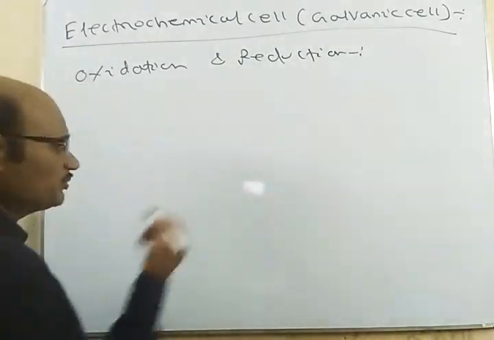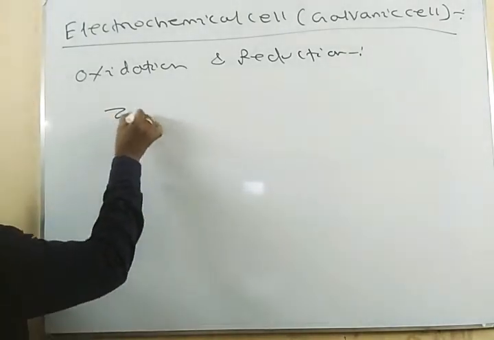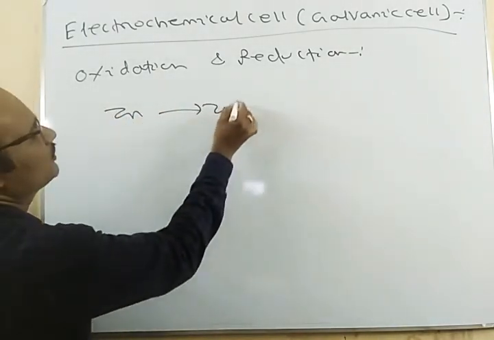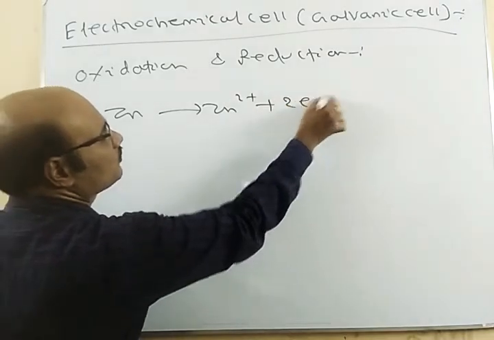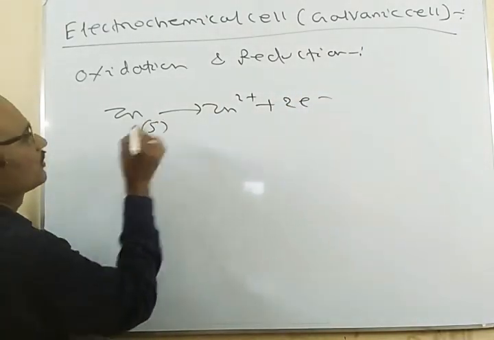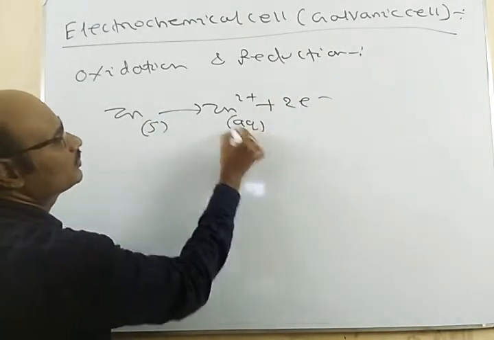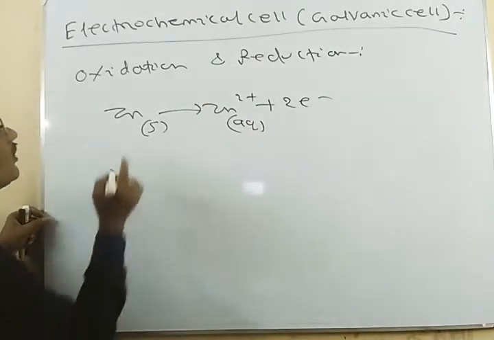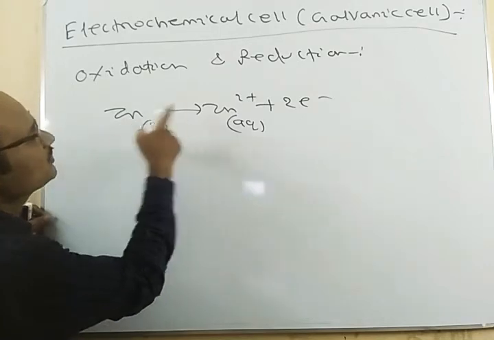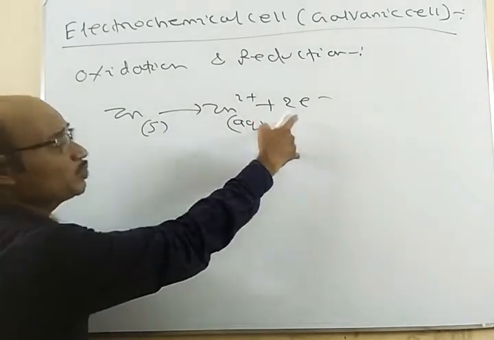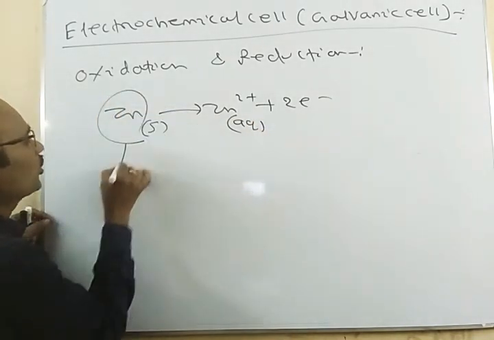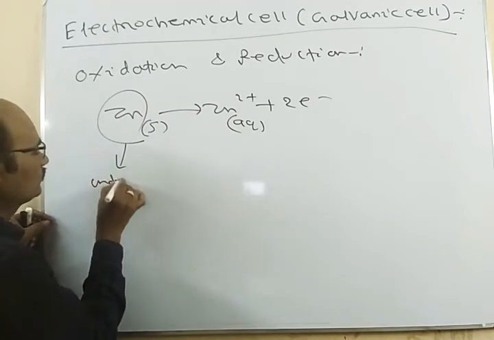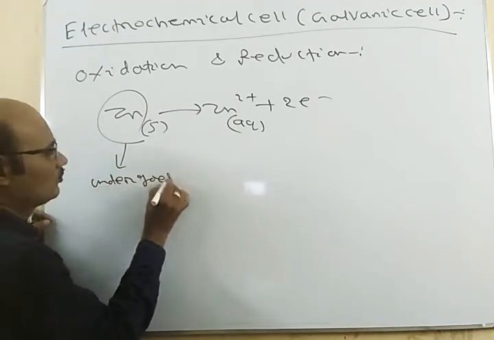Okay. So suppose for example I take Zn solid, it will give Zn2+ plus 2 electrons. So here zinc is converting to Zn2+ by the loss of 2 electrons. So zinc undergoes oxidation.